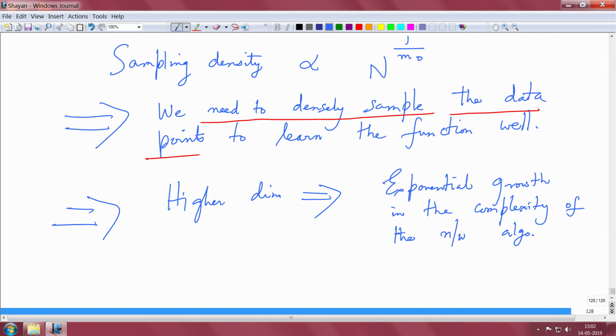But at the outset, going to higher dimensions can help us because we have more generalization ability and we can separate these patterns pretty well. So, going to higher dimensions is useful for us, but if we go to higher dimensions, we have to densely sample the data to learn the function well, and this also leads to increased complexity, and this can be exponential.